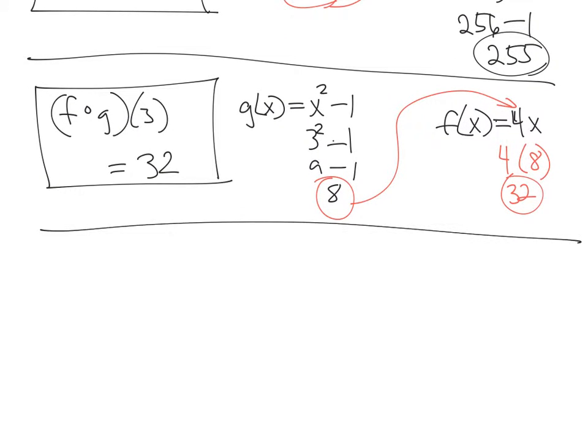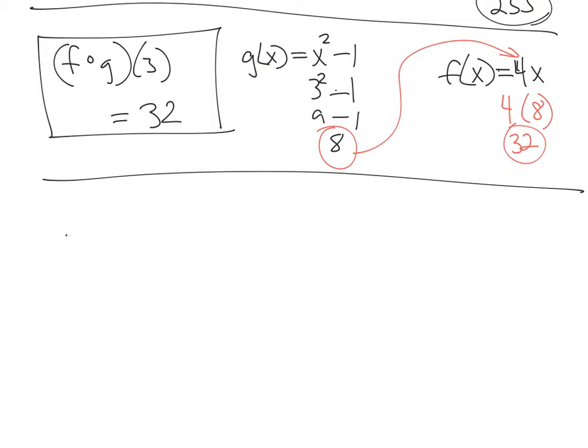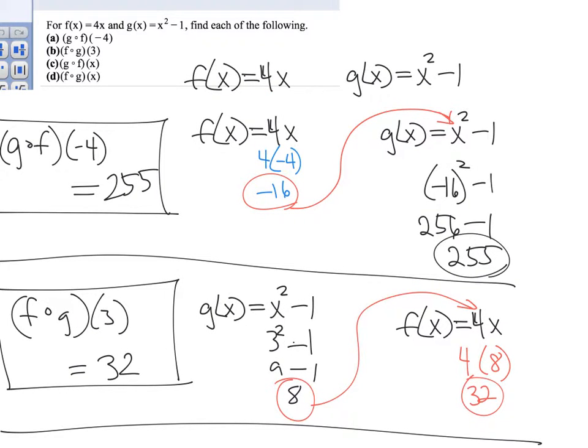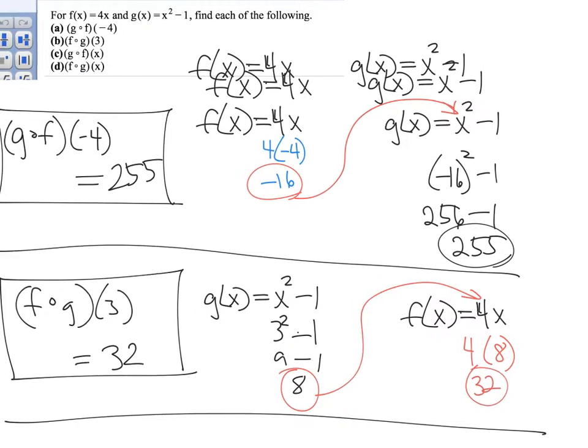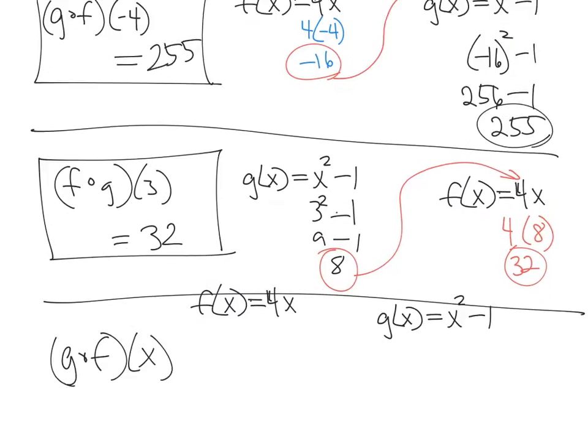So now the next one is g of f of x. Once again, we know we need our two functions. So I'm going to move that one and move that one.